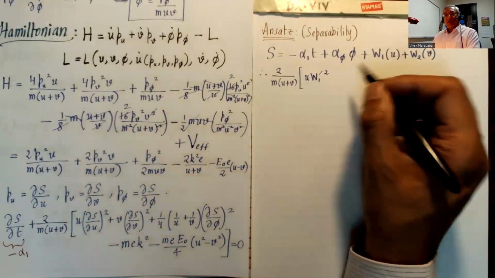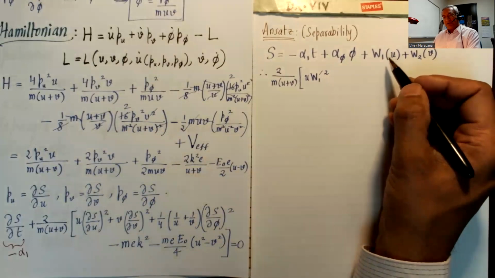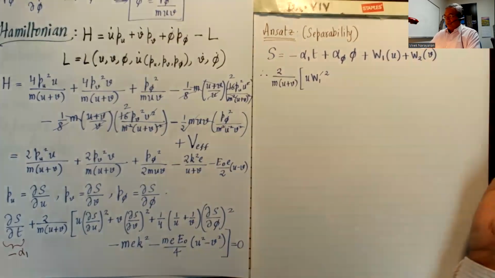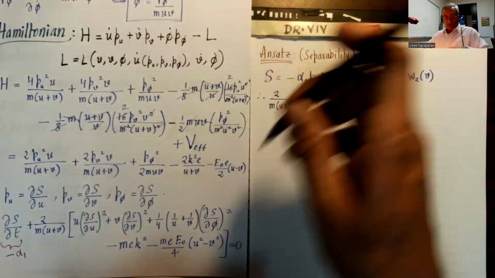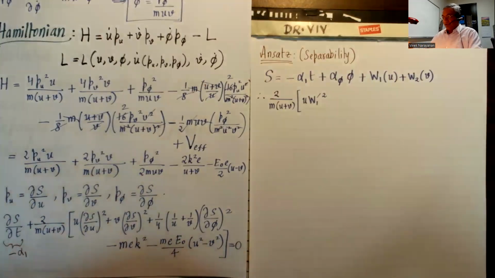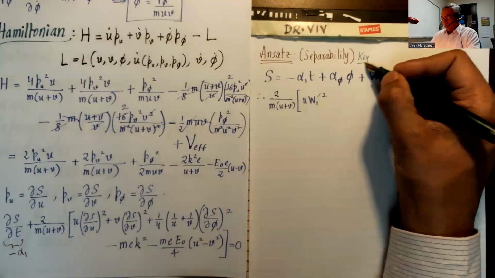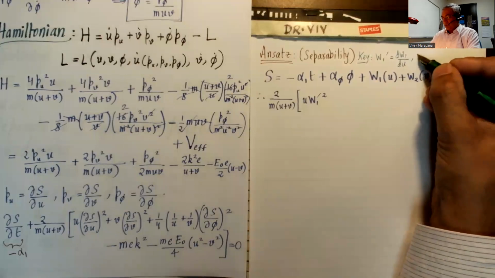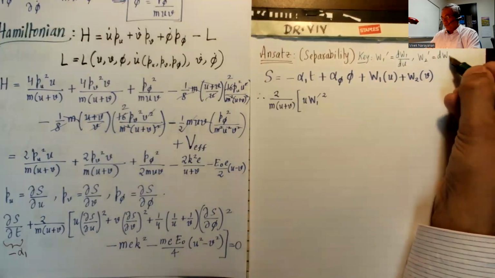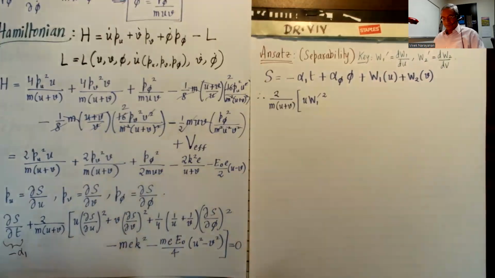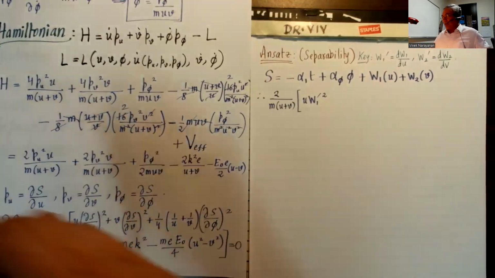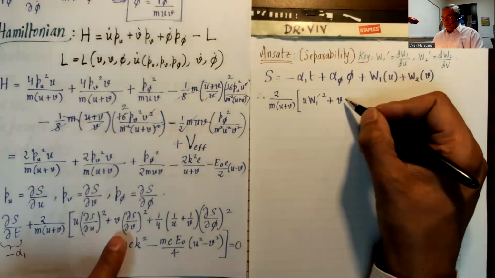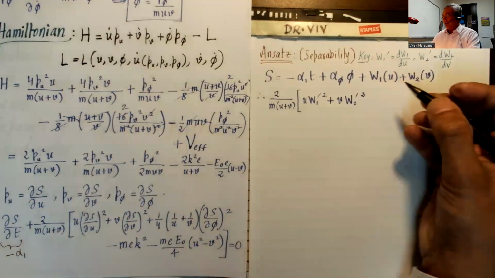Henceforth, prime means the ordinary derivative with respect to the variable. For example, w1 prime means dw1 by du. w2 prime means dw2 over dv.